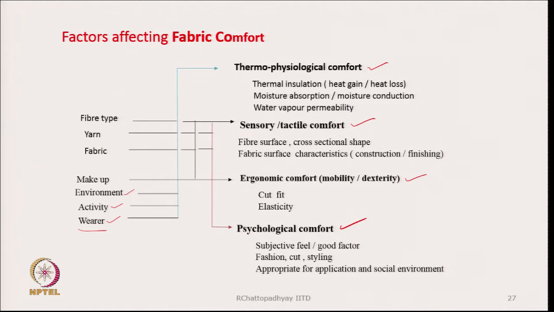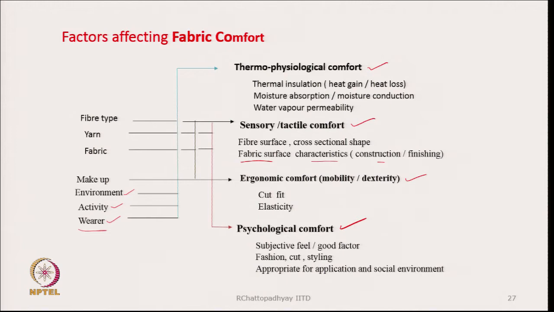Sensory comfort, that is related to feel and touch, depends upon fiber surface, cross-sectional shape, fabric surface characteristics, etc., and these are dependent upon these parameters. It depends upon fiber type mainly, and the fabric and yarn can also play some role on the sensory behavior or tactile comfort level.